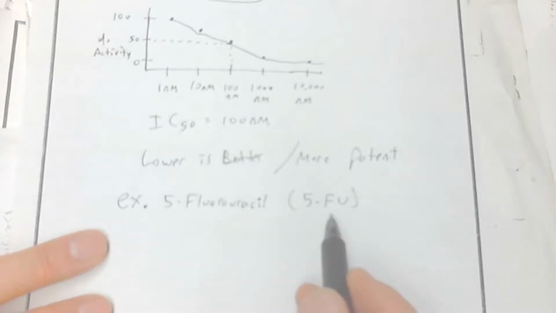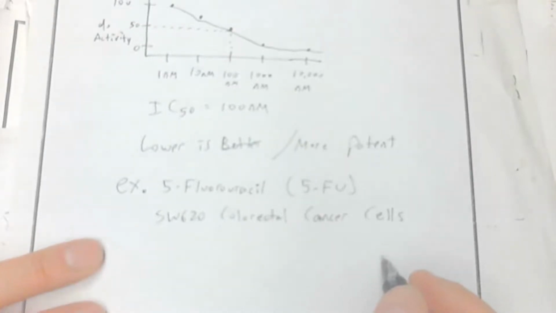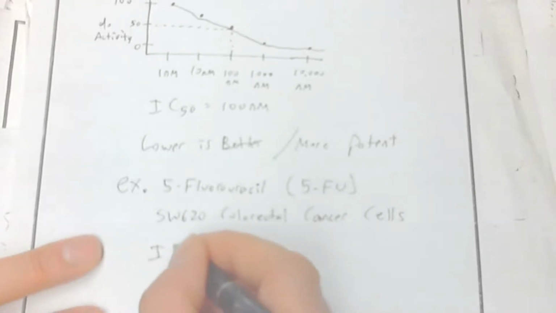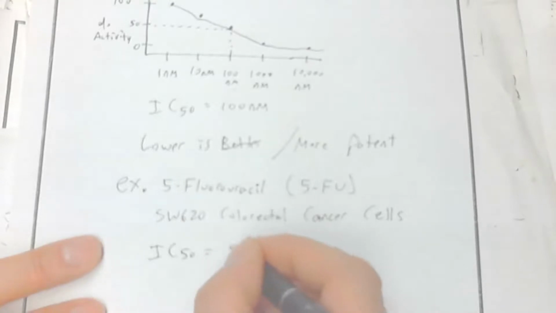It's also used clinically as a chemotherapeutic drug. As an example of IC50, it inhibits the cell growth of something called SW620 colorectal cancer cells, and it has a specific IC50 value. So the IC50 of 5-fluorouracil is about 500 nanomolar.